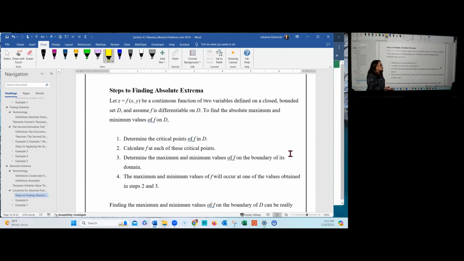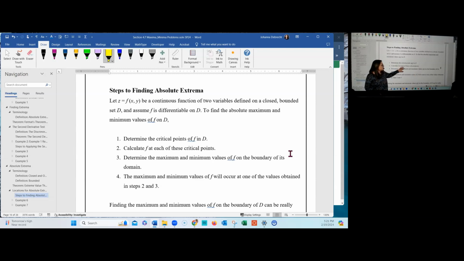To find the absolute maximum and absolute minimum values of the function, the surface on that region out of the domain, first we find the critical points of the surface within that region. If you find a critical point, but it's not within that closed bounded region, it's not one of the ones you're looking for, so you just discard it.